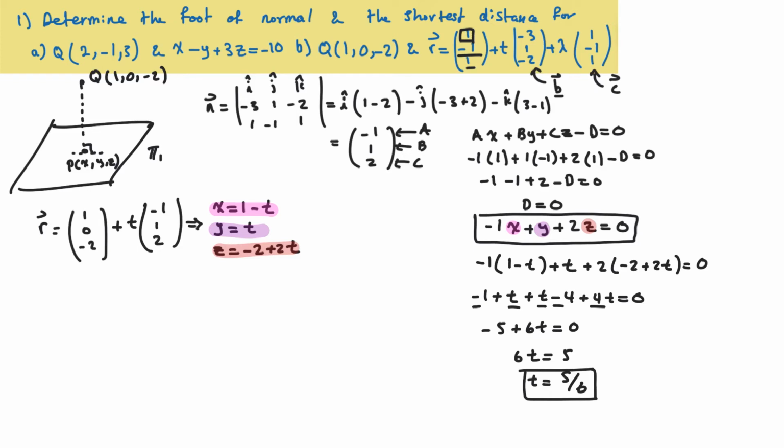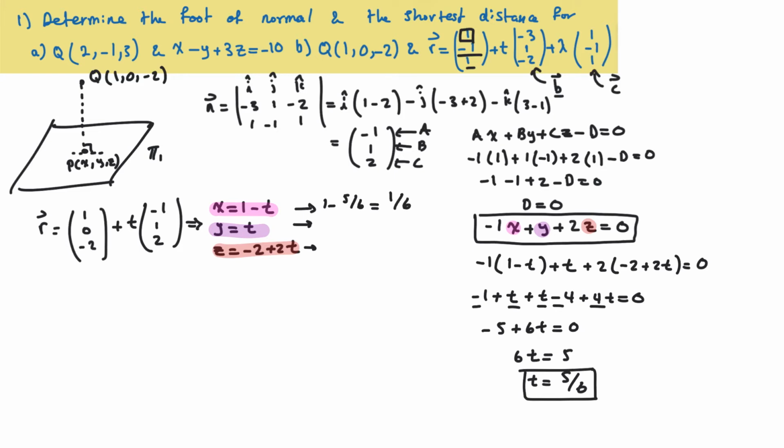This is kind of sad because we don't have a nice round t value, but that's okay. We are going to go back here and plug it into our parametric equation to find the coordinates of point P. Our x value is going to be 1 minus 5 over 6. That's 1 over 6.